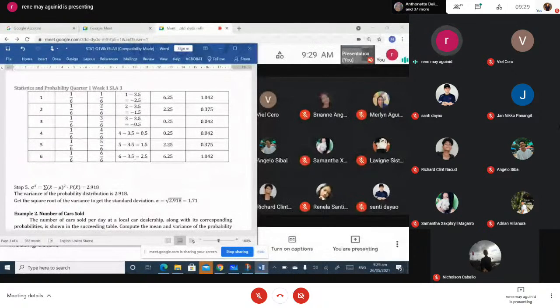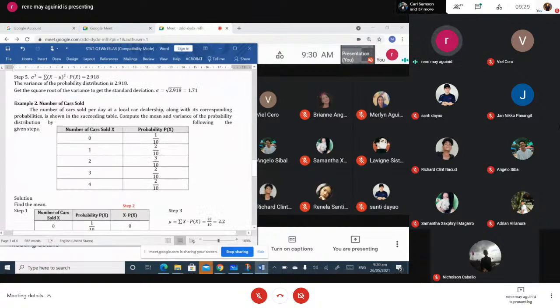How to compute for the mean, the variance and standard deviation using the probability distribution. Okay, here in example 2, the number of cars sold per day at a local car dealership, along with its corresponding probabilities, is shown.